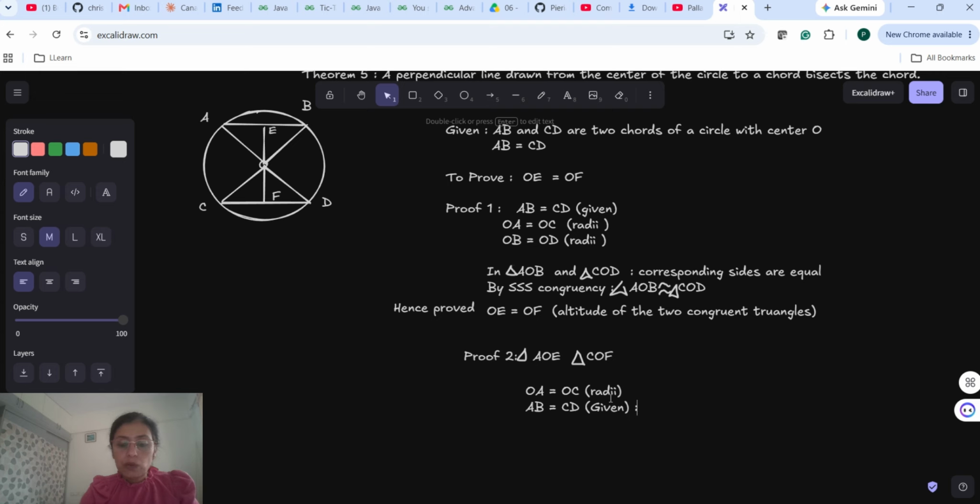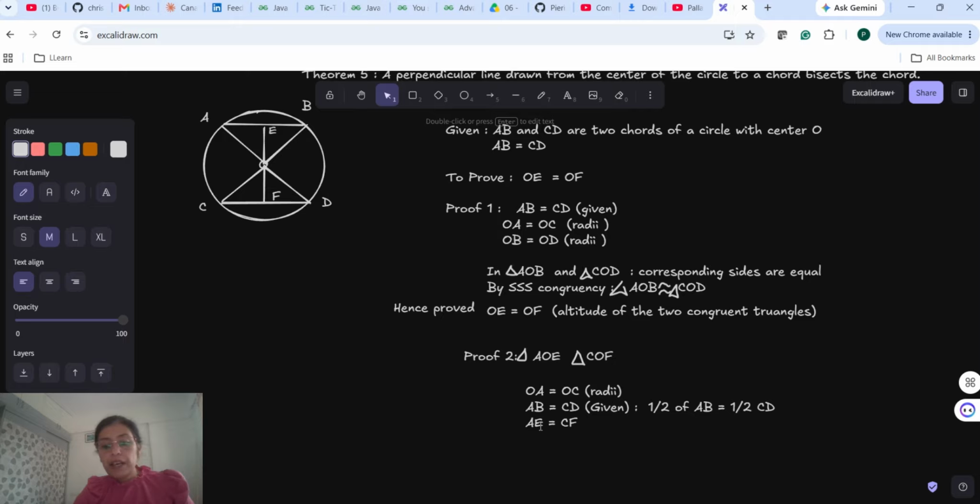So from this, we can make out that E and F are midpoints of AB and CD. So this means that half of AB will be equal to half of CD because they are equal, right? Which will mean AE is equal to CF.